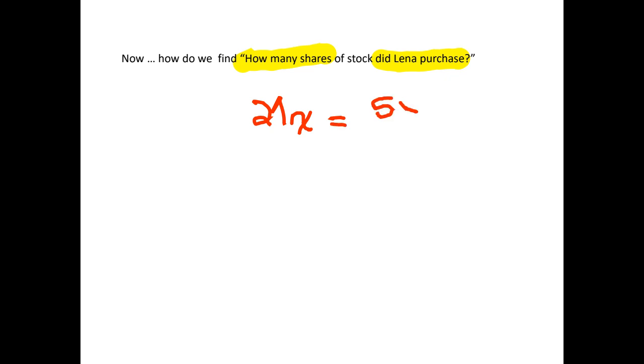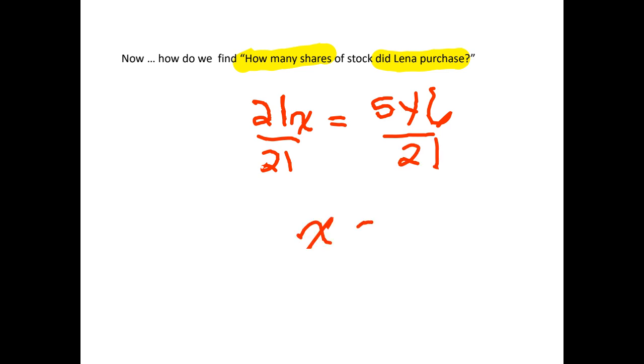Okay, $21 is the difference between what she bought the stock for and what she sold it for. And when I divide by 21, X is going to give me 26 shares.